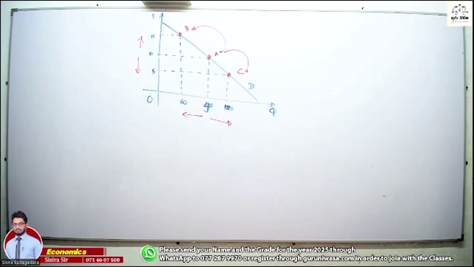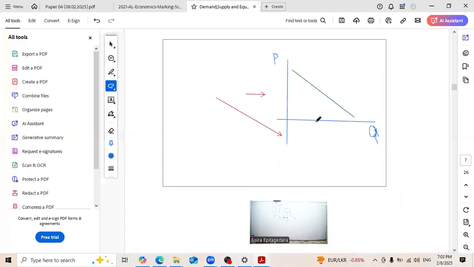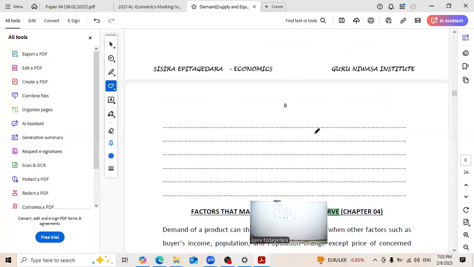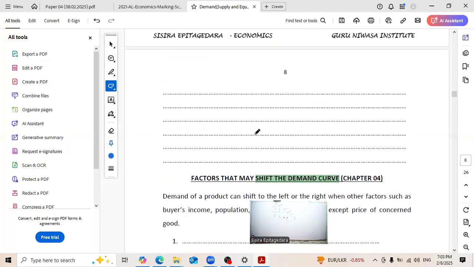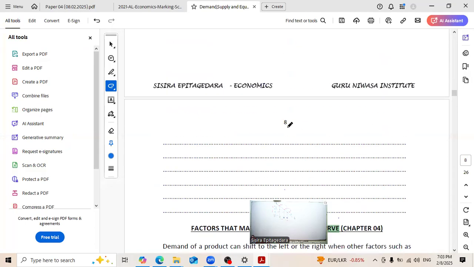After the diagram, don't you have a dotted line? Yes, sir. Page number 8. Ah, yes, sir. Okay.